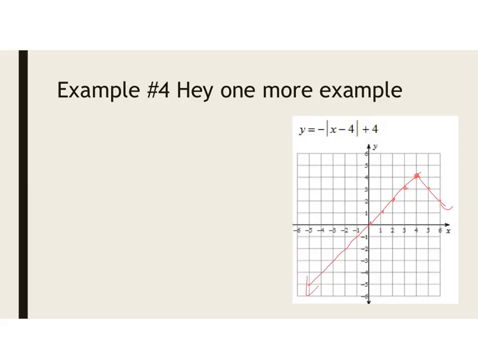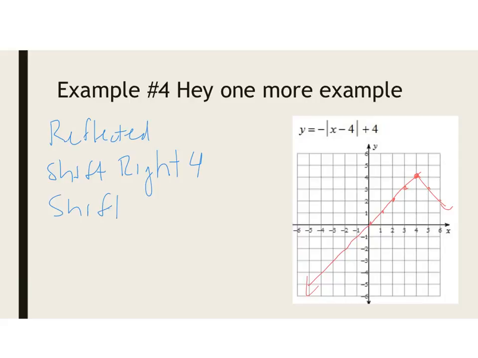And if you were asked to describe the shifts like you will on your homework, you would say reflected, and you would also say shift right 4 and shift up 4.